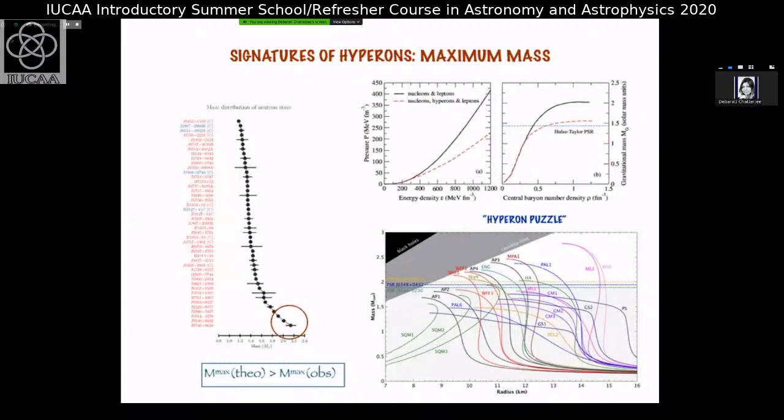And on the left-hand side, I showed you this figure yesterday. Basically you have the mass distribution of neutron stars, and recently, at the bottom of the plot, you see some large neutron star masses being observed, around 2 solar masses. These would rule out the population of models in this mass-radius plot which cannot satisfy the condition that the maximum theoretical mass is higher than the maximum observed neutron star mass.